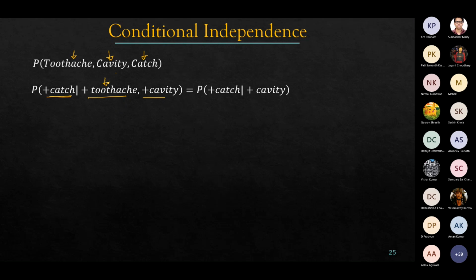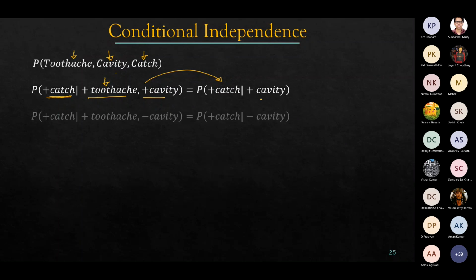It depends on the precision of the device. If there is a cavity, there will be a probability that the probe will be able to catch it. So whether I am able to catch that there is a cavity no longer depends on toothache. So this conditional can be rewritten as probability of catch given cavity.